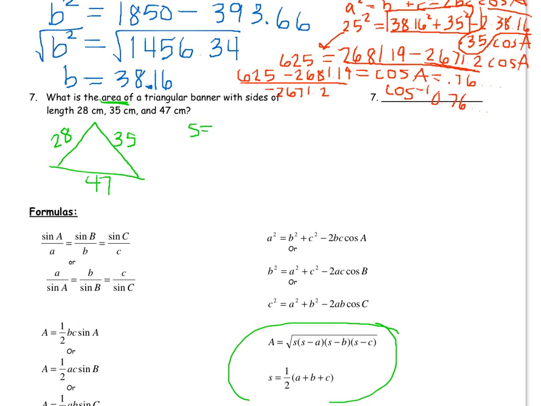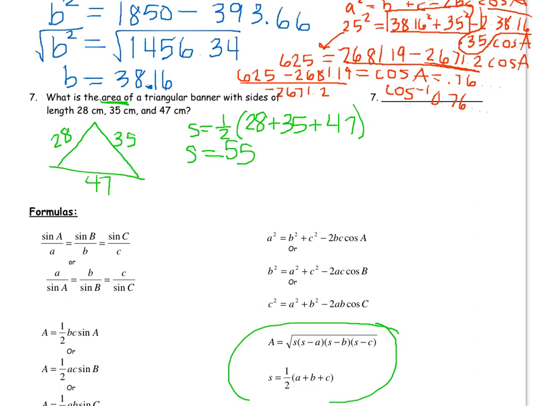So S equals 1/2 times A plus B plus C: 28 plus 35 plus 47. If you simplify that, you'll get S equals 55.